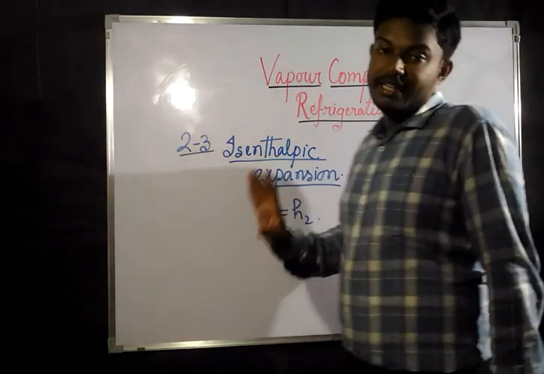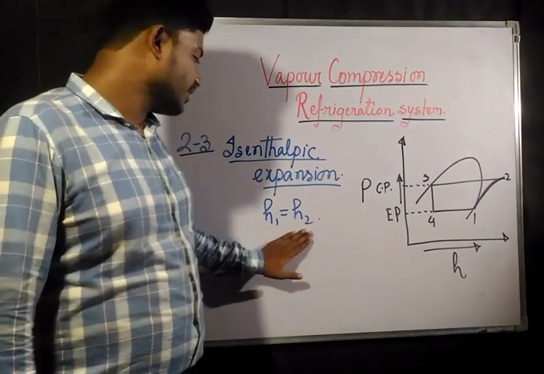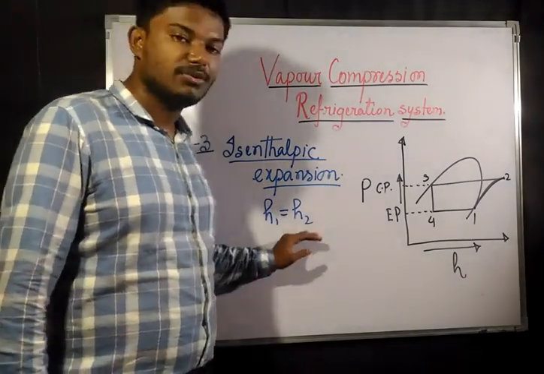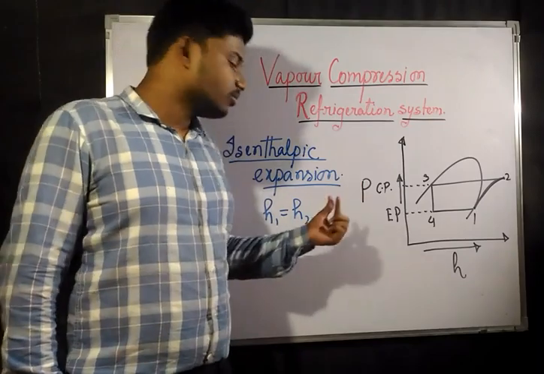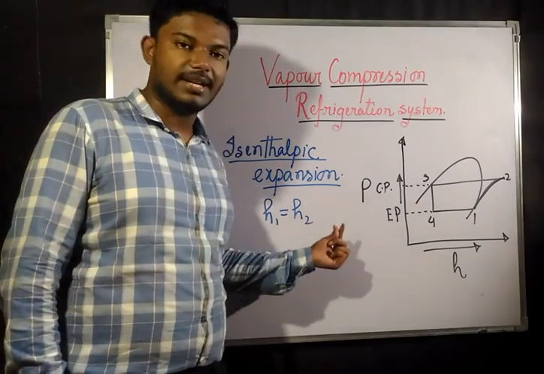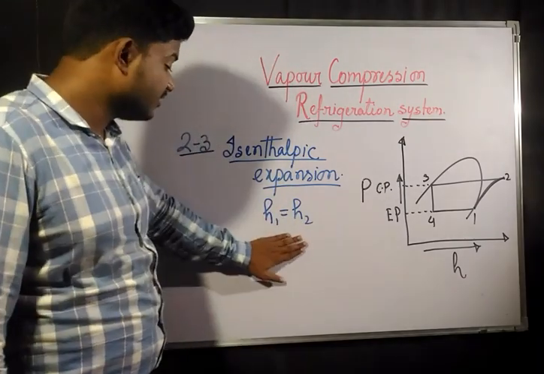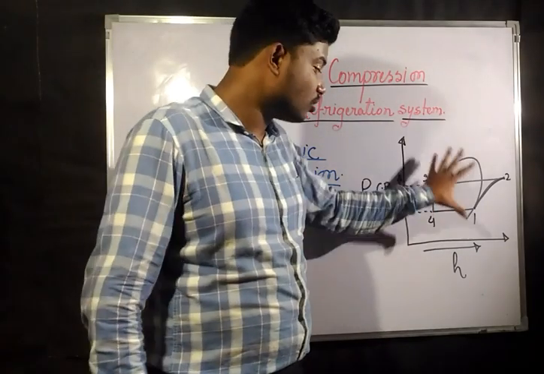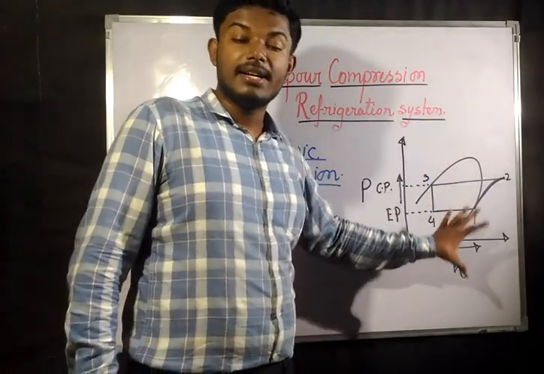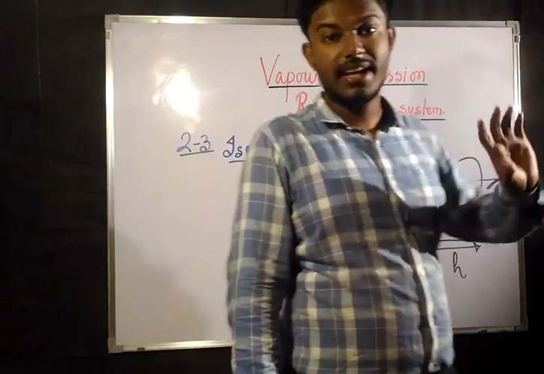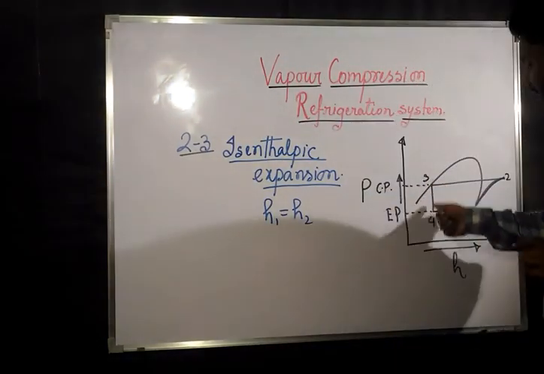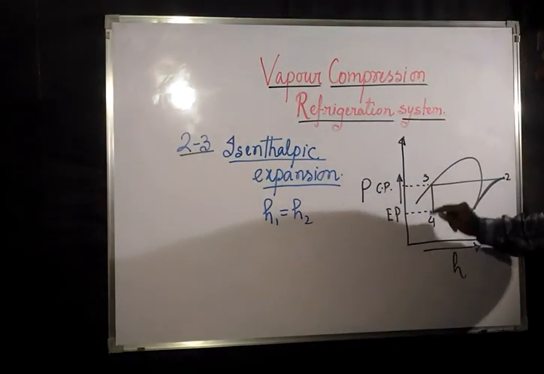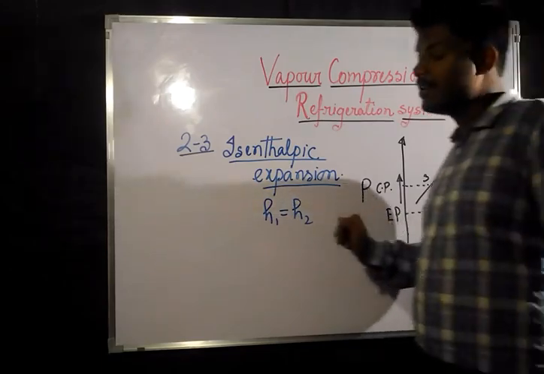So the only analysis needed here is that H3 is equal to H4. This is drawn in the pH diagram, but if we draw a TS diagram, we can also find the relations, or even in the pH diagram we can find the relations.